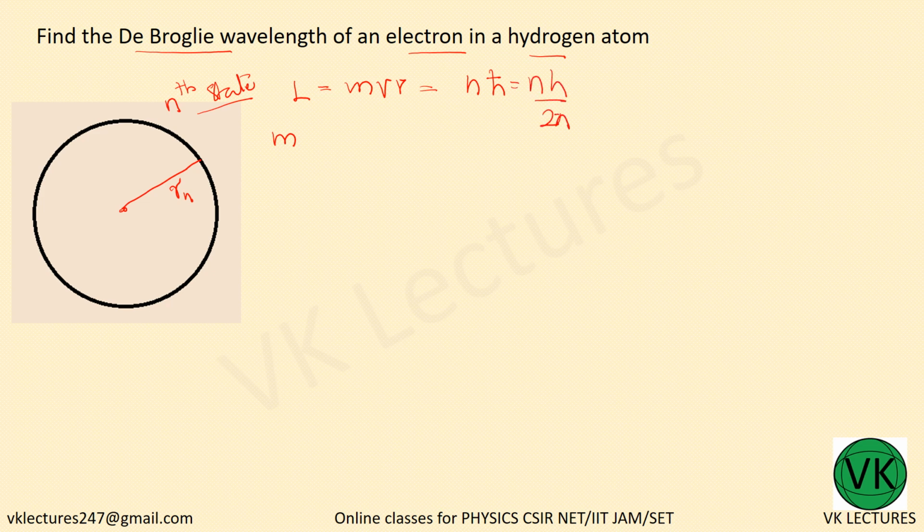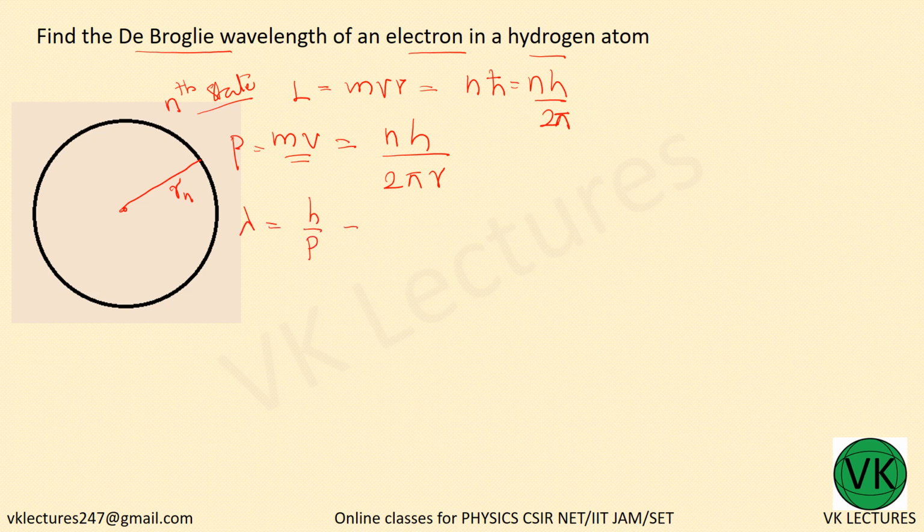So L is equal to nh divided by 2 pi. So mv is equal to nh divided by 2 pi r. Now what is this mv? This is nothing but momentum p. Now once you know momentum, we can find out lambda. What is lambda? That is equal to h by p.